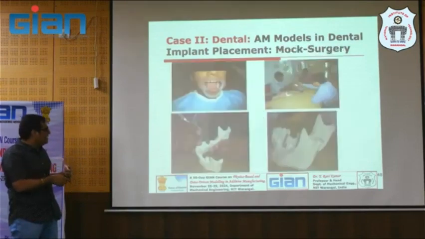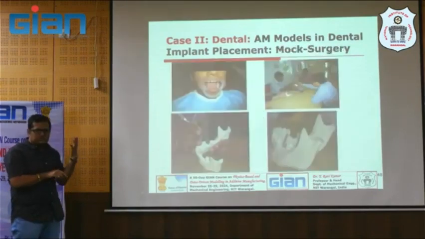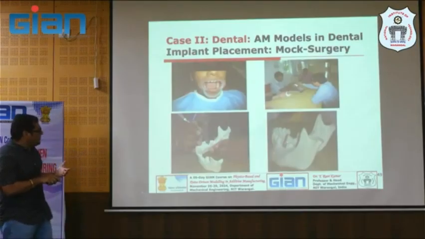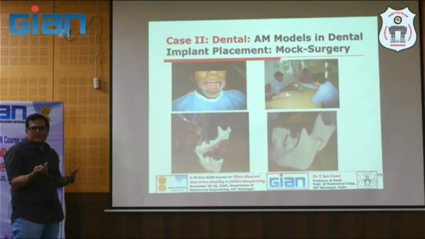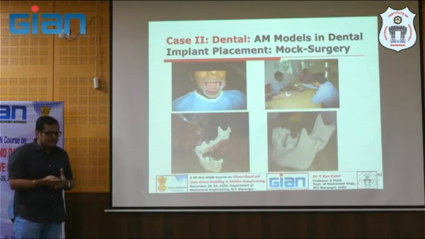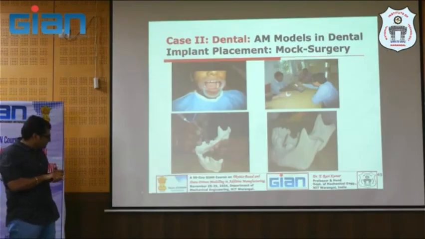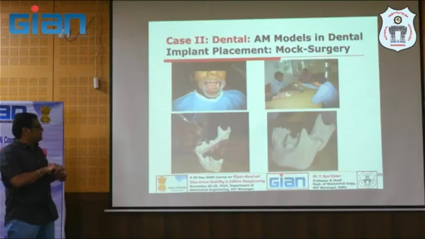So if you have a model like this, this one we did almost 12-13 years ago, but now you have a see-through material, right? Like with LCD based or SLA technology, you can even see through the nerve, which may be passing from this condyle portion and touching the mental foramen, and again it will come to the other side of the condyle portion.